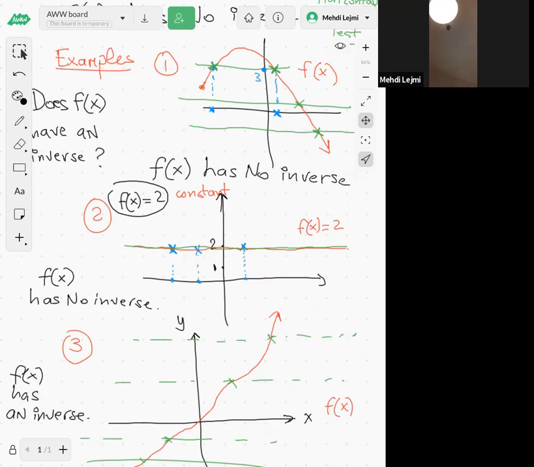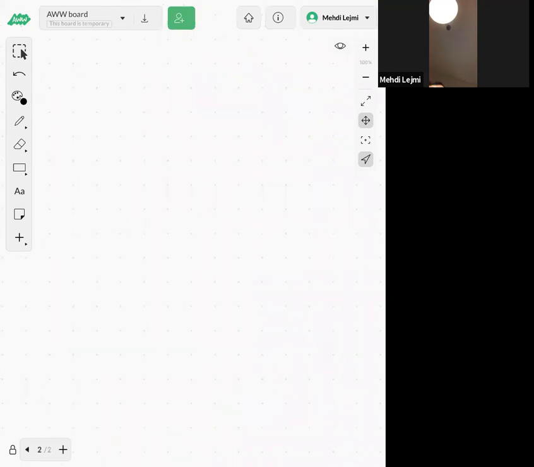So next section, it's included in the test. I'm gonna do section 2.2, which is a very short section. So we're gonna move to chapter 2 and do section 2.2. And it's about quadratic functions.